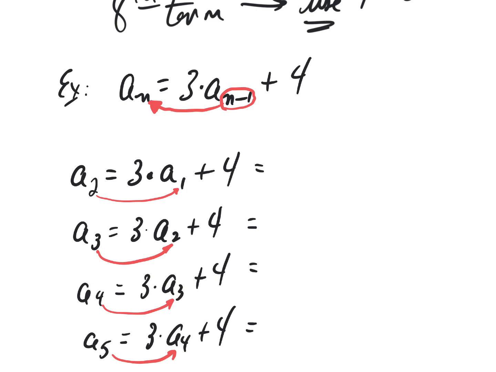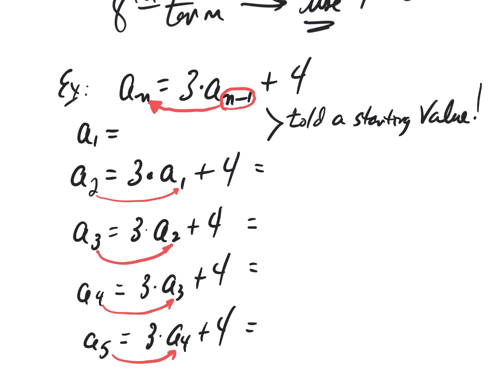Now because of that, there's one extra thing about recursive sequences and functions, and that is that you have to be told a starting value. So in this problem, I'm just going to start you off with a nice simple number like 2.